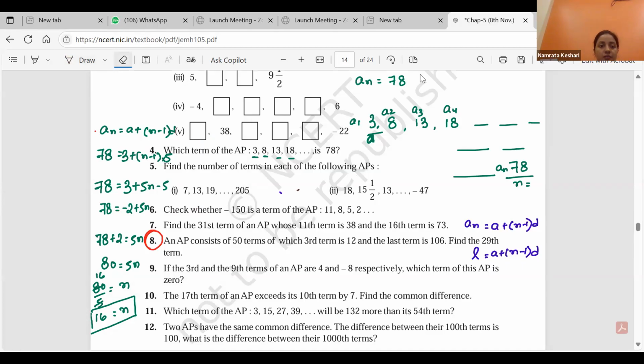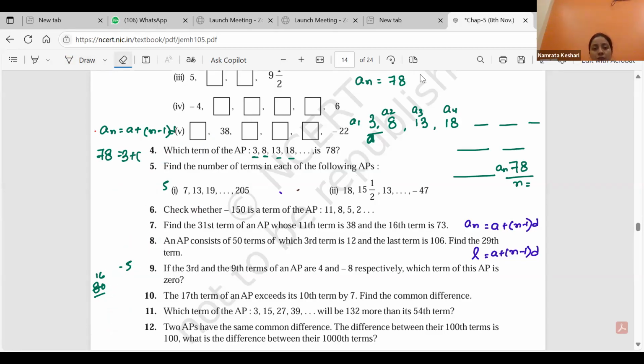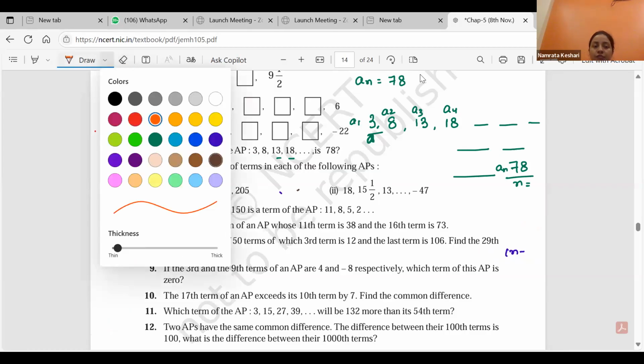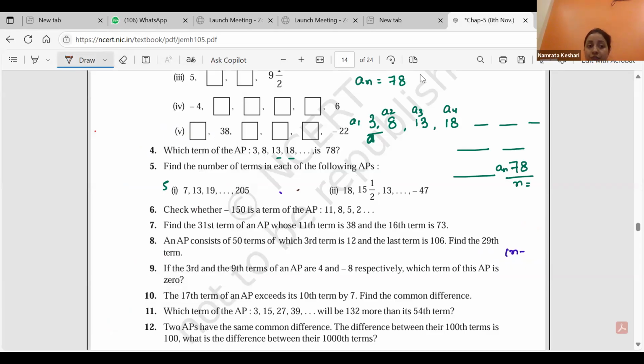Okay, let's discuss it. An AP consists of 50 terms. There are 50 terms in our AP, of which the third term is 12 and the last term is 106.